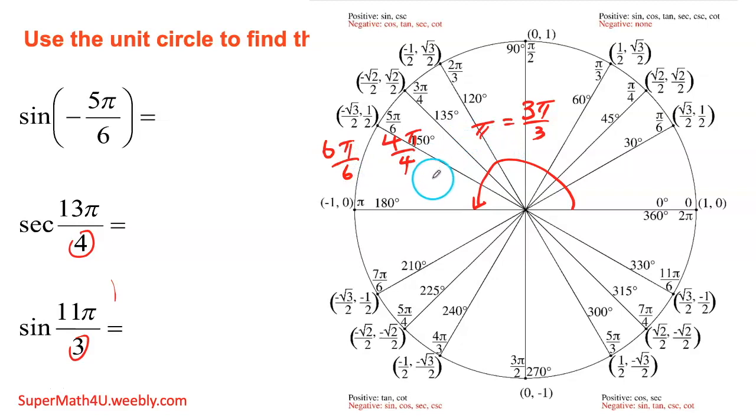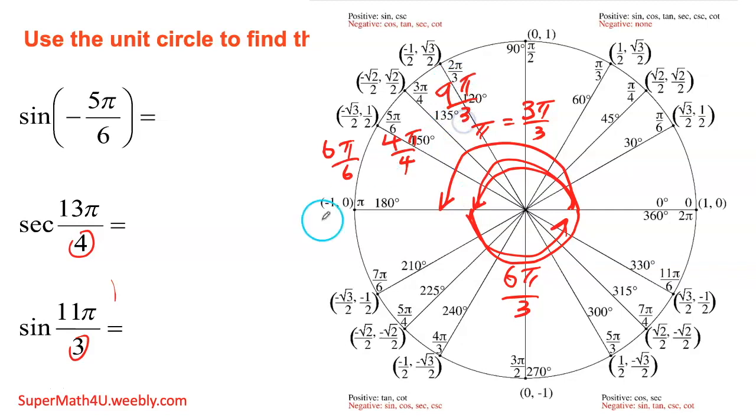All of them are the same as pi, because when I'm dividing by 3, then it's 3 pi over 3. Here, another 3 pi over 3, and 3 plus 3 is going to give me 6 pi over 3, right? 3 plus 3, 6 plus 3, 9 pi over 3. And I need to get to 11.